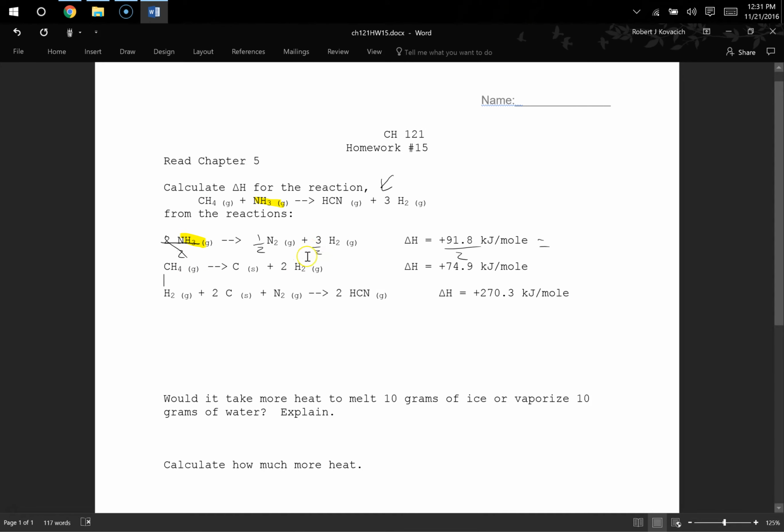So right now, it looks like we got 3.5 hydrogens, and we're going to need 3. So it'll probably work out over here. So here's 2 hydrocyanic acids, and I only need 1. So I'm going to have to go ahead and divide this by 2. Wrong pen. So divide this one by 2. Oh, I need to change this pen.